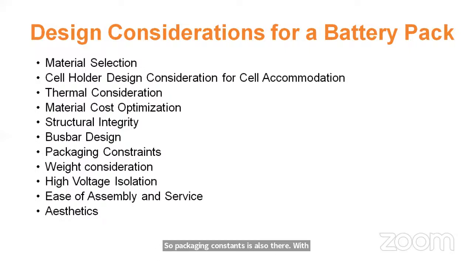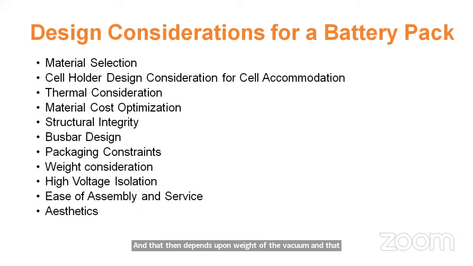Weight consideration: the battery pack weight is very important. The more the battery pack weight, the more it directly impacts the range of the electric vehicle. In one full charge, how many kilometers your vehicle can run, that is the range of the vehicle, and that range depends upon the weight of the vehicle. In an electric vehicle, the major weight is contributed by the battery pack.